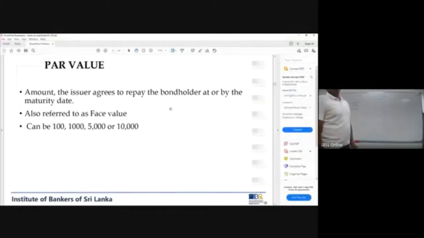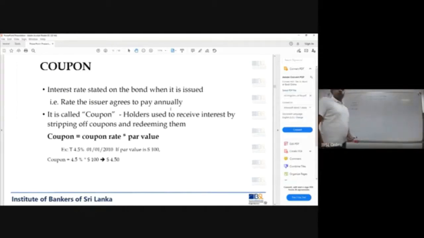Par value can be any value that you want. Coupon is the interest rate stated on the bond when it is issued. It's the interest rate that is mentioned on the face of the bond. It's called the coupon. It is a rate the issuer agrees to pay annually.